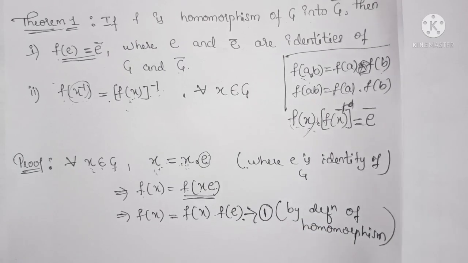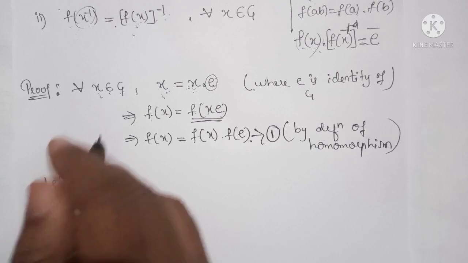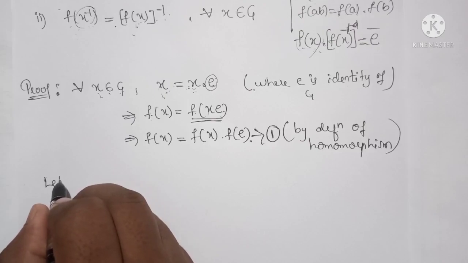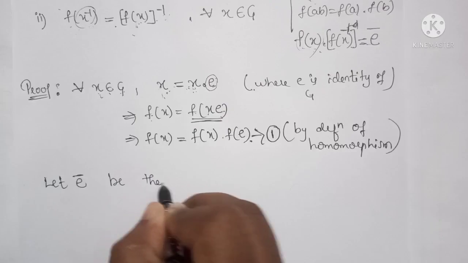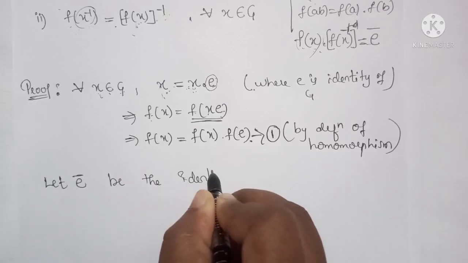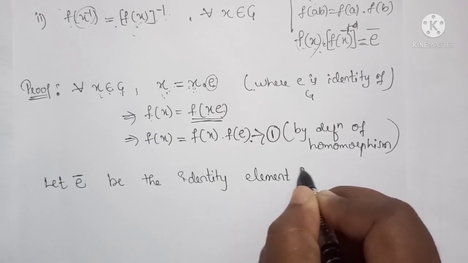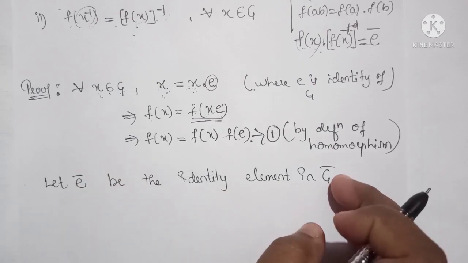Now, it is given that e bar is the identity element of G bar. Okay, so let e bar be the identity element in G bar.